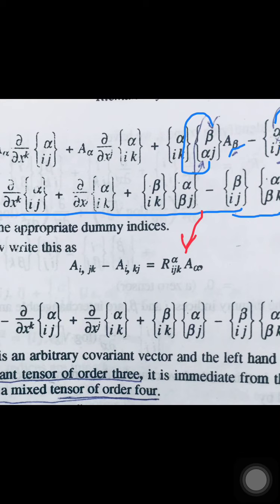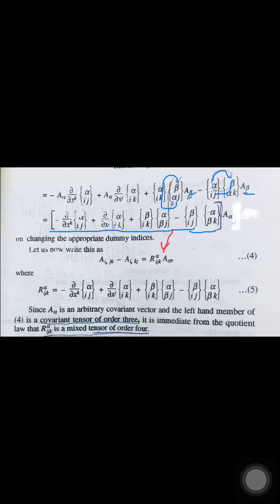So the difference of two tensors again converts into a tensor form, but the order is increased by 1. On the left-hand side the order of the tensor is 3, and on the right-hand side the order of the quantity is 4. This R^alpha_{ijk} is very important.